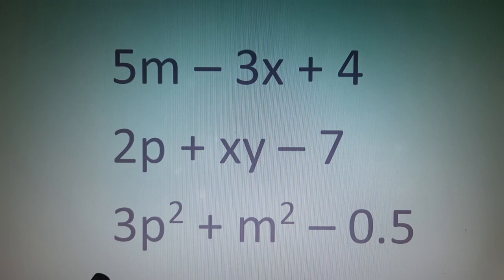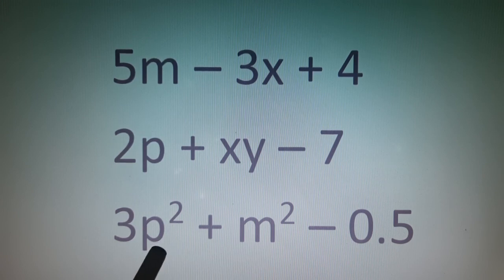In the third example, 3p squared plus m squared minus 0.5. This is an expression made of three terms. Here the coefficient is 3, here 1 m squared. Variables are p and m.